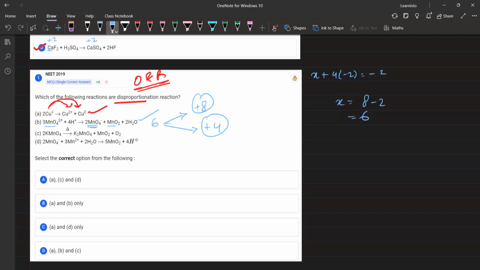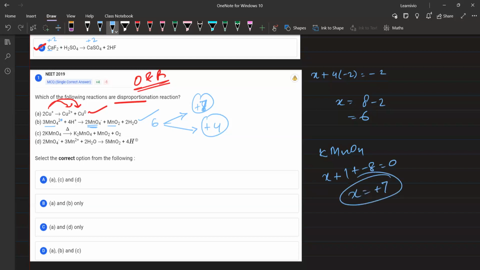KMnO4. So in KMnO4, have X plus 1 minus 8 is equal to 0. By the way, MnO4 negative 1, so this will be plus 7, not 8. But still it is oxidation reduction. So X will be equal to plus 7.